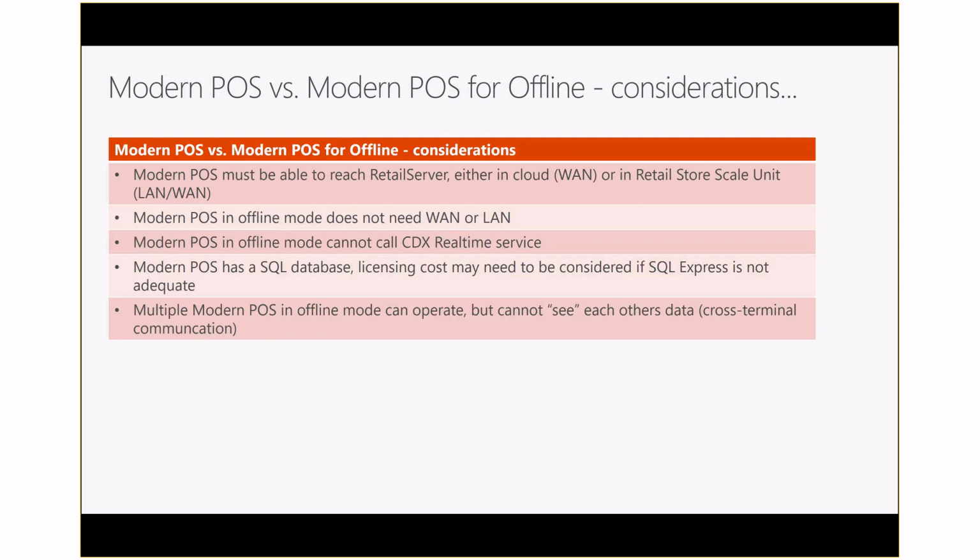That is possibly a caveat that many people can accept, because offline mode does not happen very often, but it is definitely a point to consider. So cross-terminal scenarios are not possible in offline mode, versus in online mode, they are of course possible between Modern POS and also Cloud POS.